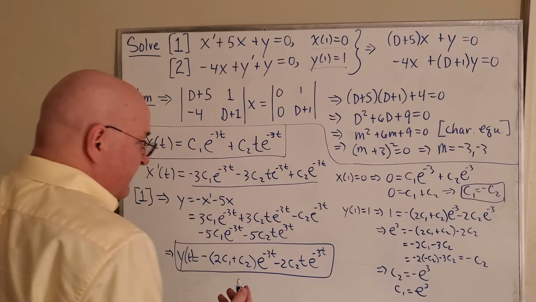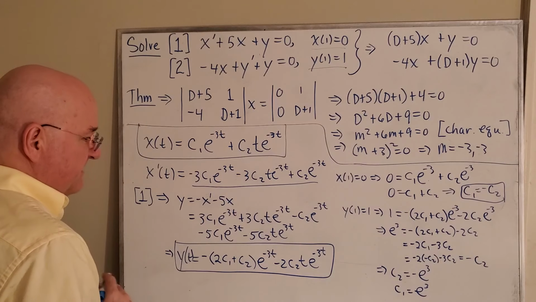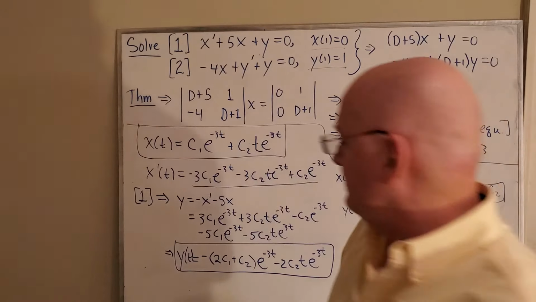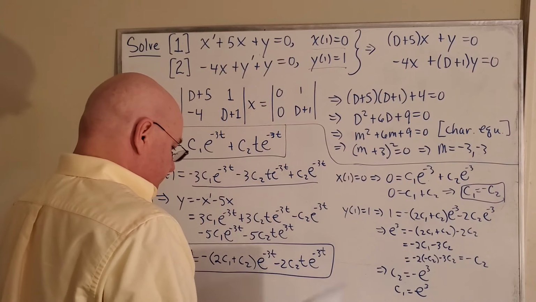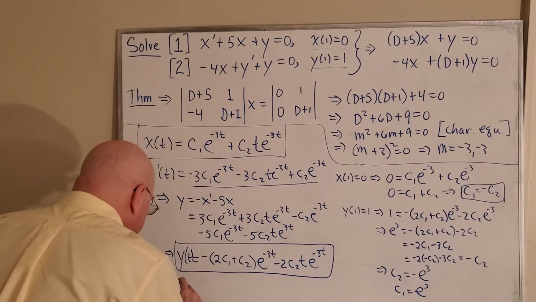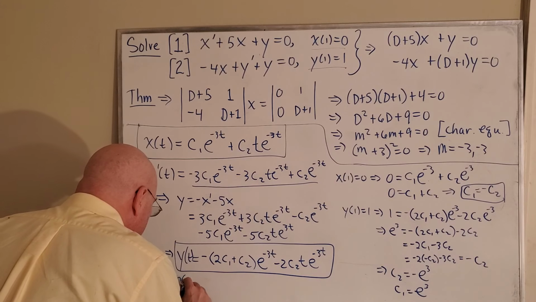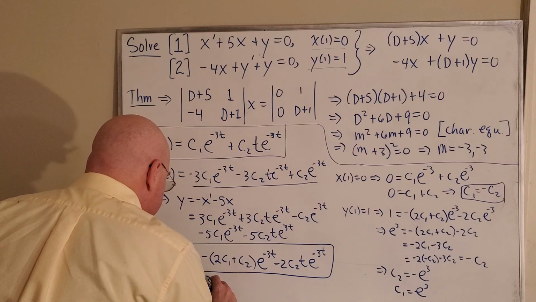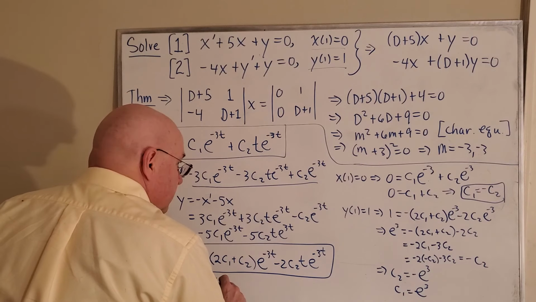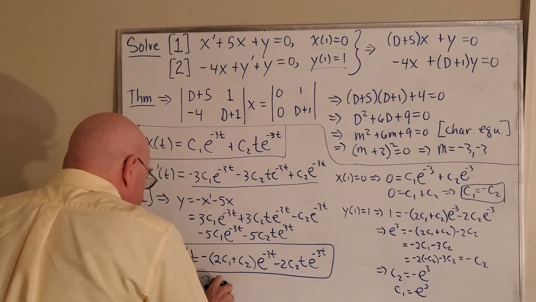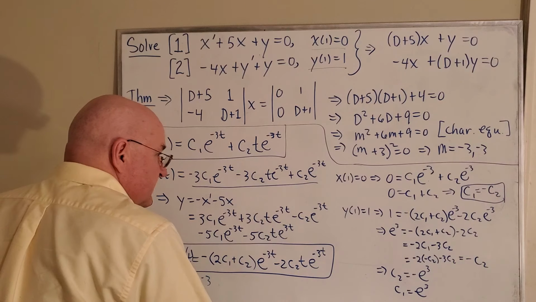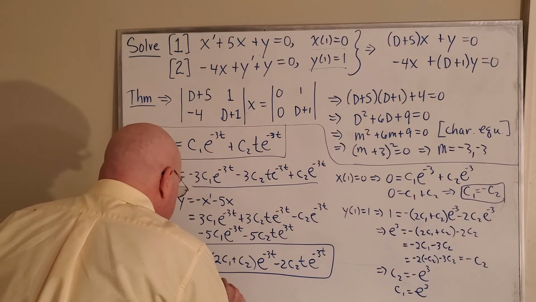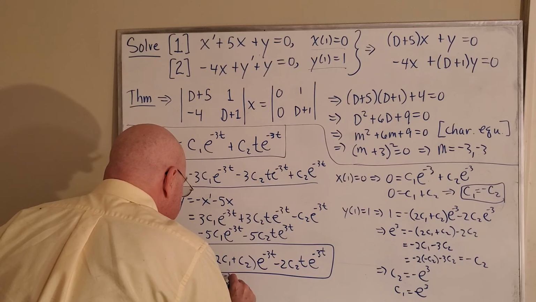Here's x. Okay, this may not be the final answer, but I'm going to try to squeeze it in. Actually, nope, I don't have a blank board down there. So, x of t is negative 3C1, C1 is e cubed, e to the negative 3t.